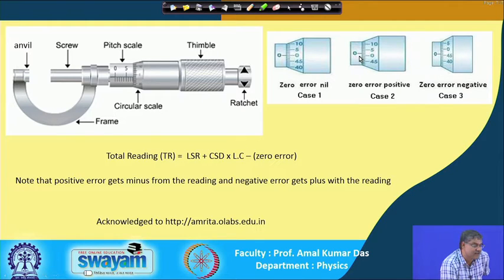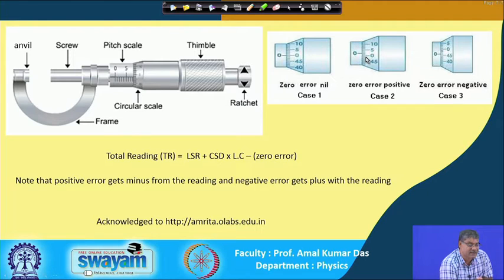The least count is slightly different from the slide calipers. In slide calipers, we see when the zero of the vernier scale coincides with how many divisions of the main scale, that we took.